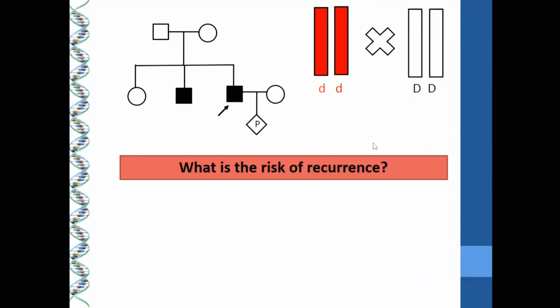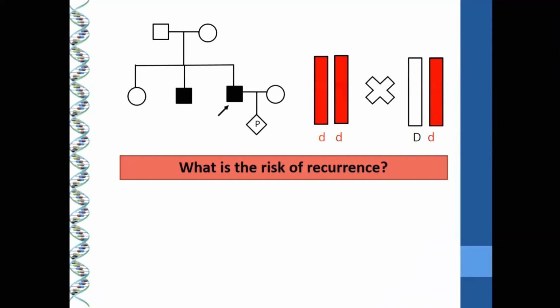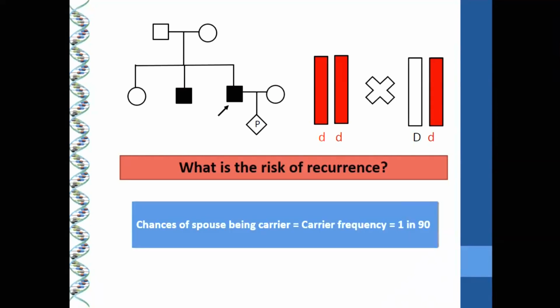So this is the affected one, dd, and this is the normal. If she is not a carrier for thalassemia, then the risk of the fetus being affected will be 0. And if she is a carrier, then it will be 50%.